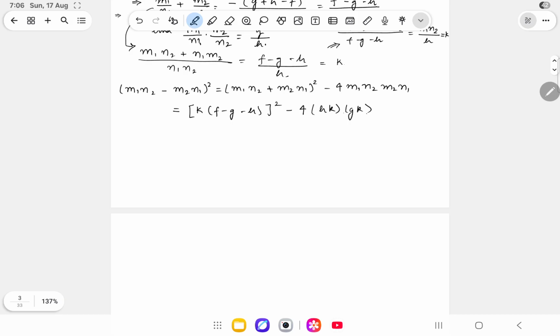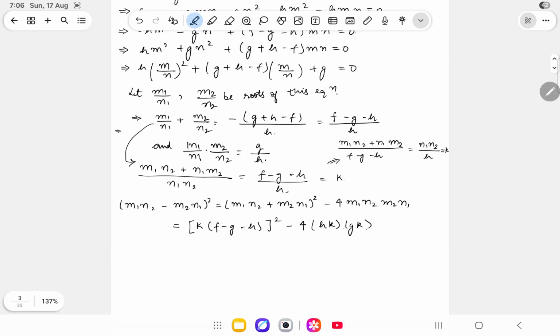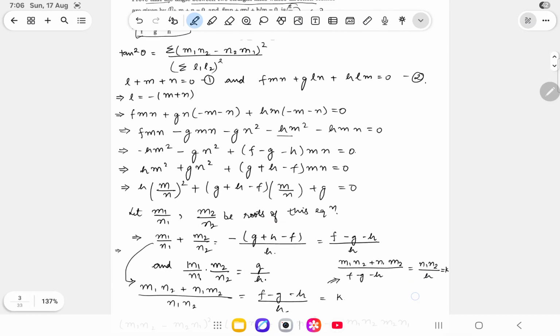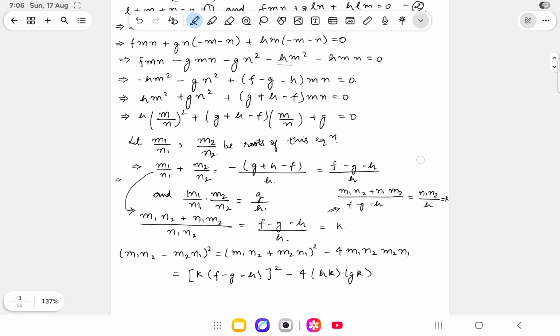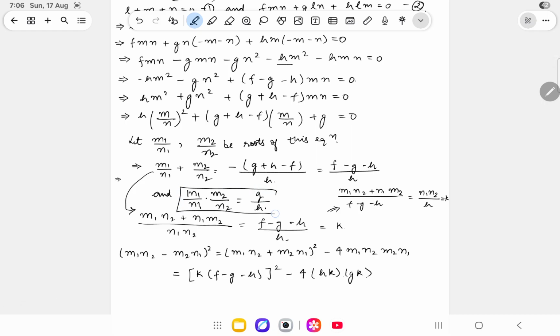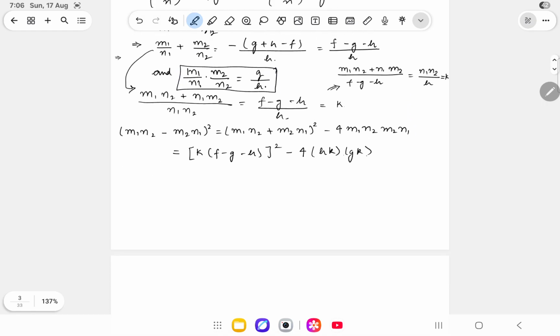I got this value just by seeing the similarity between these, and using that I get the value of m1 m2. Or you can just use this equation here, and you get it equals gh.